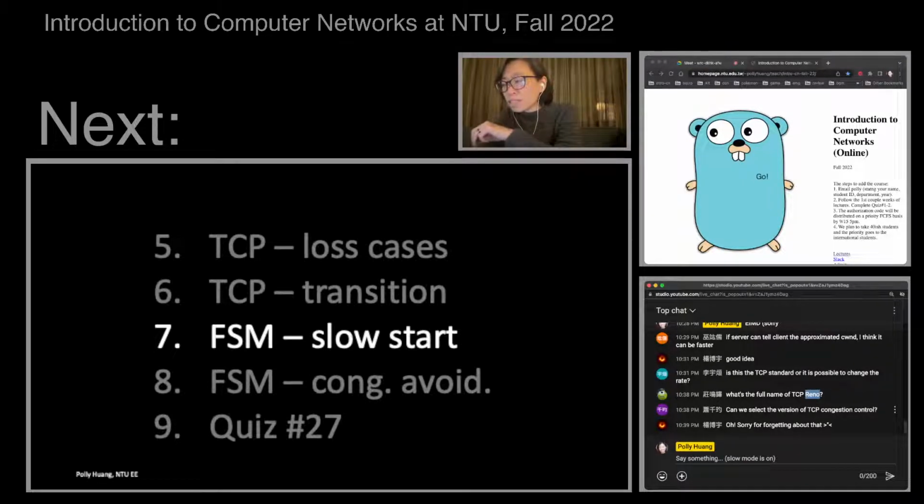Which version of TCP we use is coded in the operating system. So if we use a certain version of Mac OS, or if we use Windows 10, whichever version of OS you use, they implement a default TCP version in the operating system.